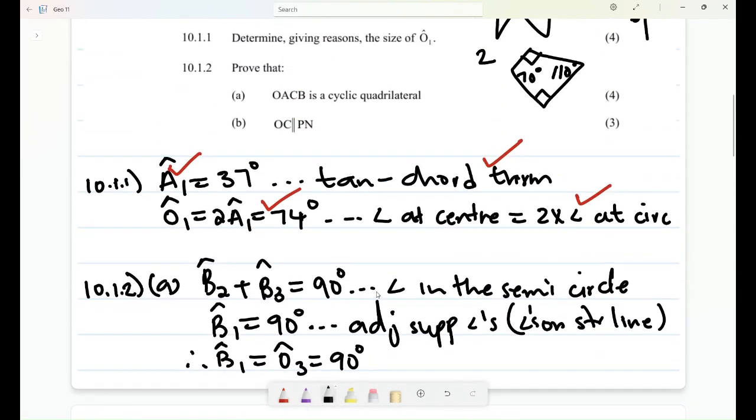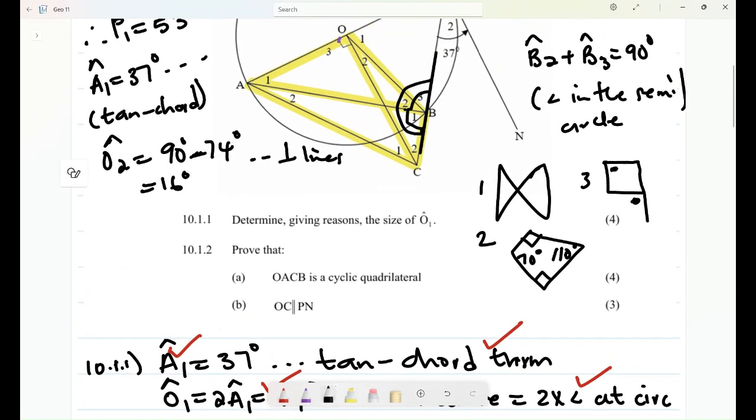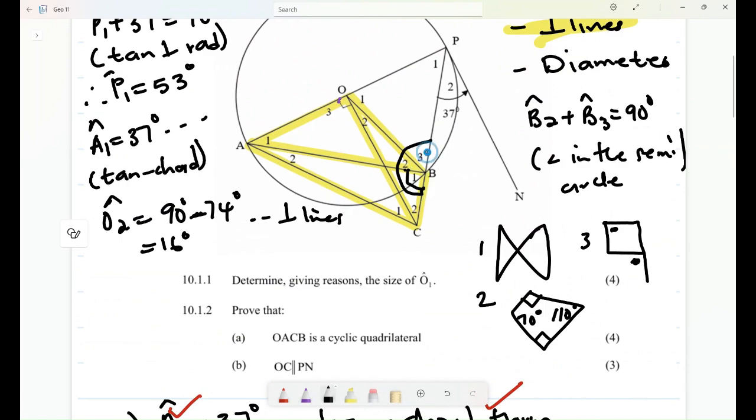All right. Then let's look at the last question, which is number B. We know now this is 90 here.